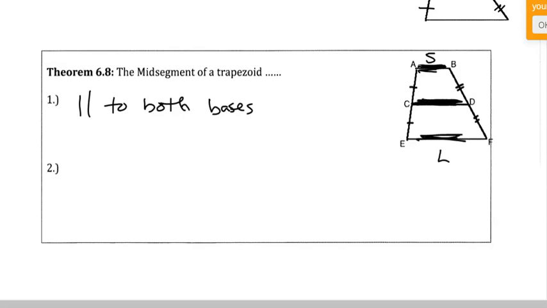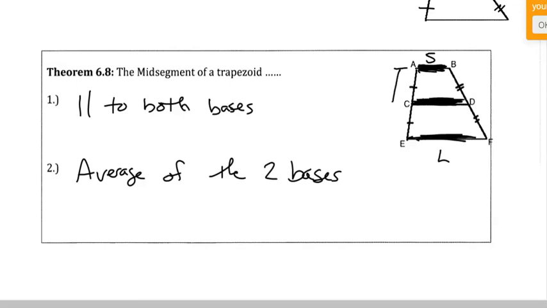What do you think that is? Because from being short, as it's moving down, it's getting longer and longer until it gets to being the long side. So what do you think is true about the midsegment? It's going to be the average of the two bases. It's obviously not going to be equal to the short, it's not going to be equal to the long, and it is the length when it is halfway between the short base and the long base, so it's going to be half of that.